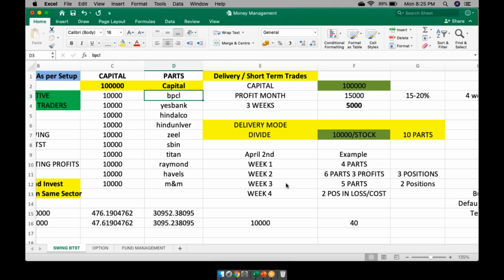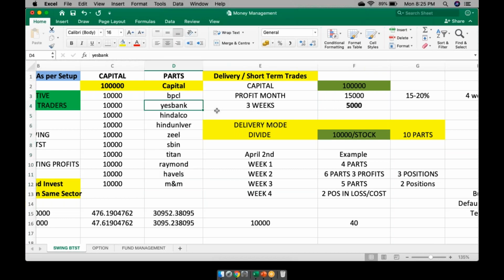I'm not sure about Titan. Raymond clothing, electricals. So this is how we are able to know. Yes Bank, you cannot ask question, it's irrelevant. I'm just telling an example. Yes, I'll share the sheet. Okay, so this is how we have to invest.